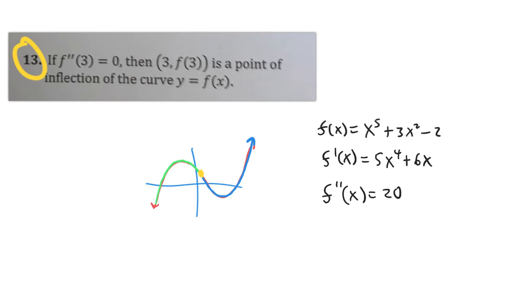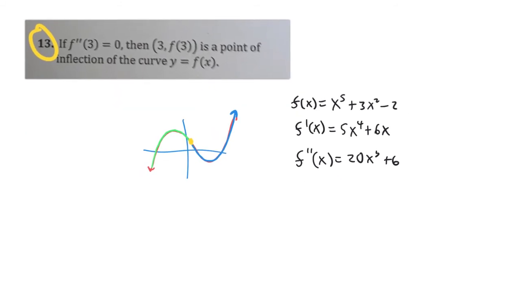Well, you would have 20x to the third plus 6. And typically, if you want to find the points of inflection on this thing, what you would do is a sign chart. You would set up a number line, and you would set this equal to 0 and solve for x.